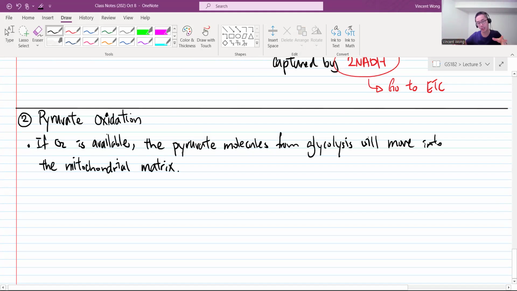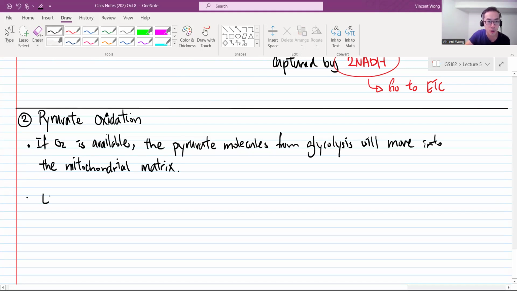Remember, we drew a cell, and I told you glycolysis happens in the cytoplasm. 2 and 3 happens in the matrix. Okay, so if oxygen is available, that's where they're gonna go. They're gonna go into the matrix.